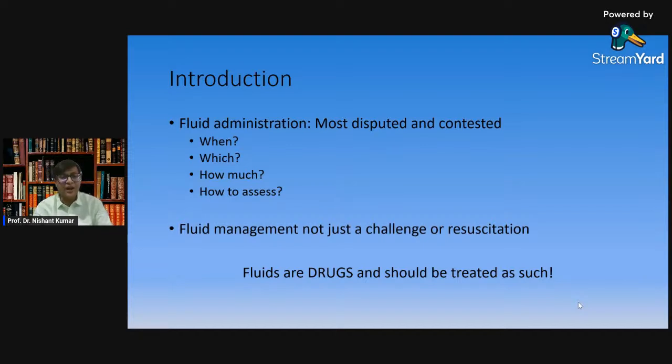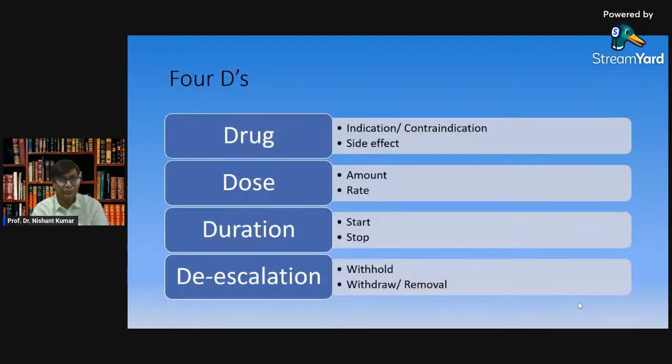Remember, fluids are drugs and should be treated as such. They have their own side effects, and each fluid has its own nature, indication and contraindication. Remember the 4 Ds for fluids. That is the drug, that means the nature of the fluid that you're giving, so the indication, contraindication, and resultant side effects in the critically ill patient.